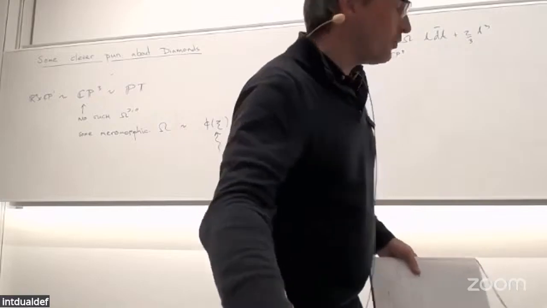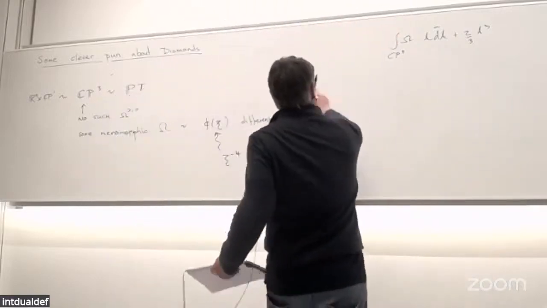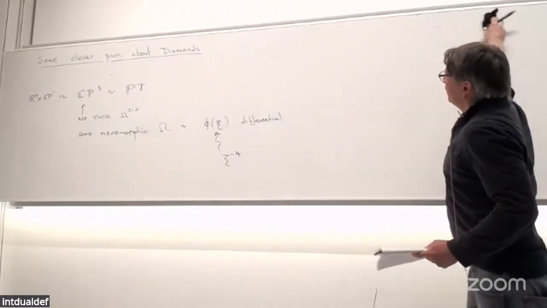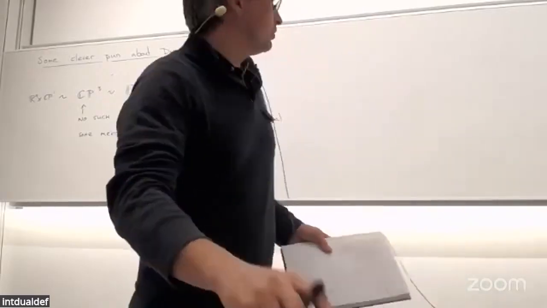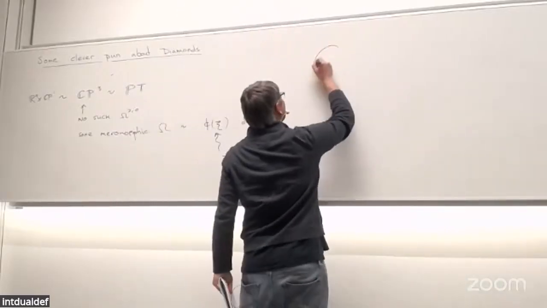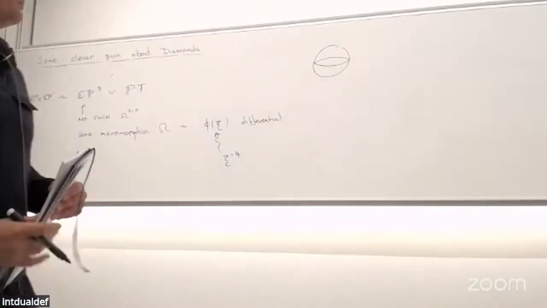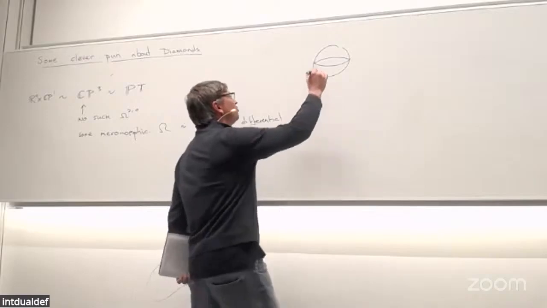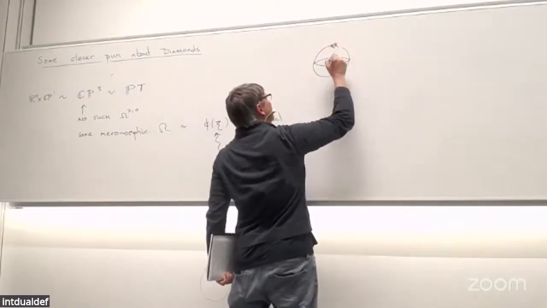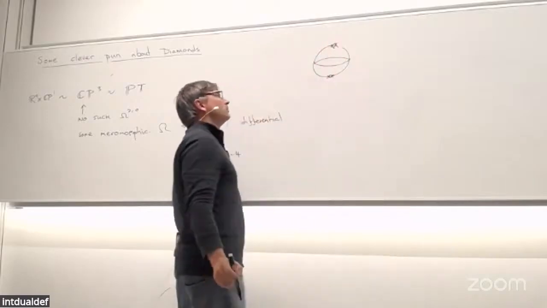Okay. So that's the game. We have to specify omega, and we're going to specify two choices. So I'm going to draw my CP1, my sphere, and one choice we might consider is to have two double poles.